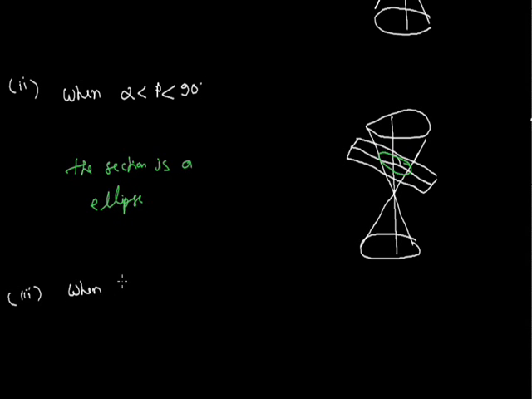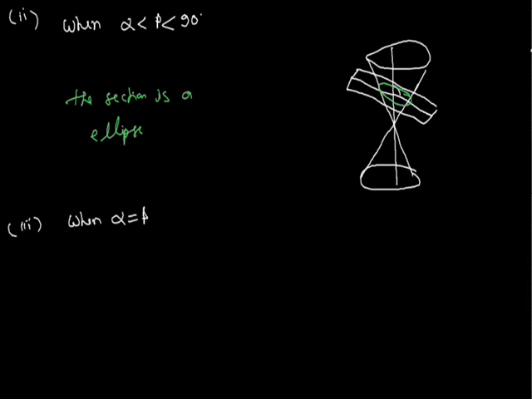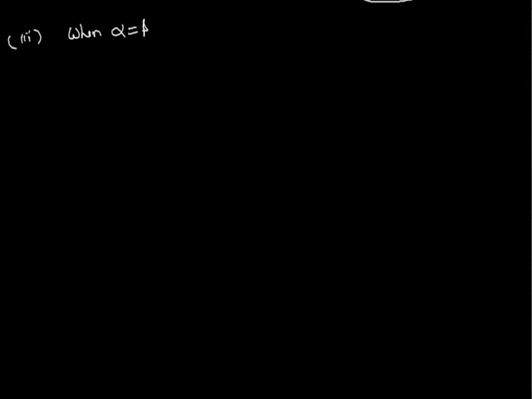Now the third situation: when alpha is exactly equal to beta. Here the plane makes an angle beta which is exactly equal to angle alpha, which means the surface of the plane is exactly parallel to the line M, which is a generator.